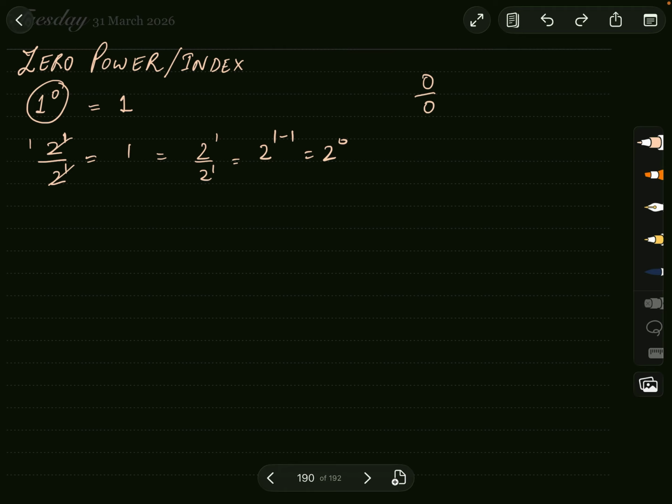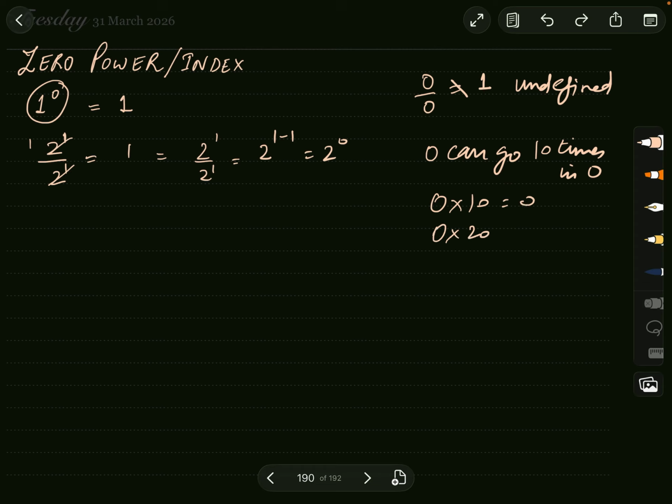0 over 0 is not 1. It is undefined. Why is it undefined? Because there could be n number of answers for this one. Because 0 can go 10 times in 0, because 0 times 10 is also 0. 0 times 20 is also 0. How many answers are you going to have for it?